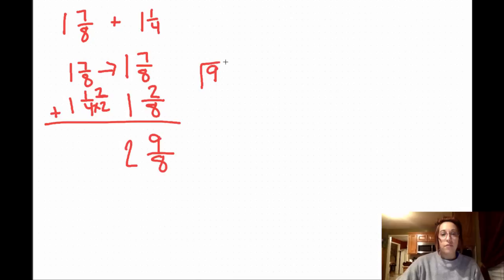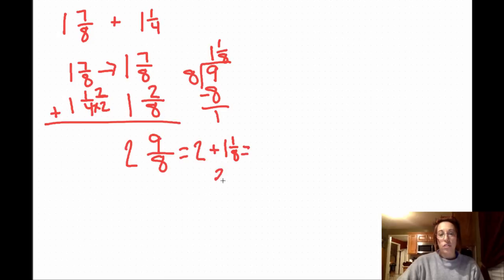That means we have to divide to find out a mixed number. 8 will go into 9 once. So that's 1 and 1/8. So that's going to equal 2 plus 1 and 1/8 equals 3 and 1/8.